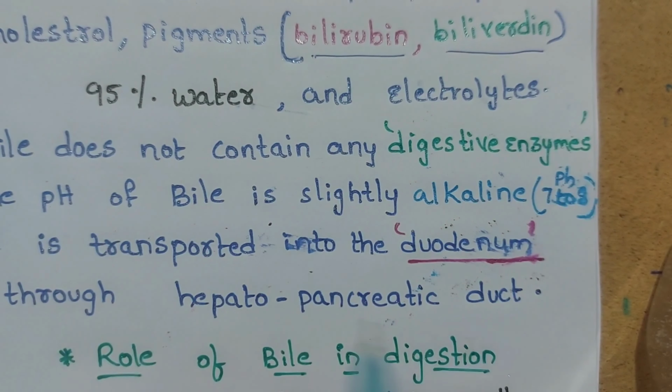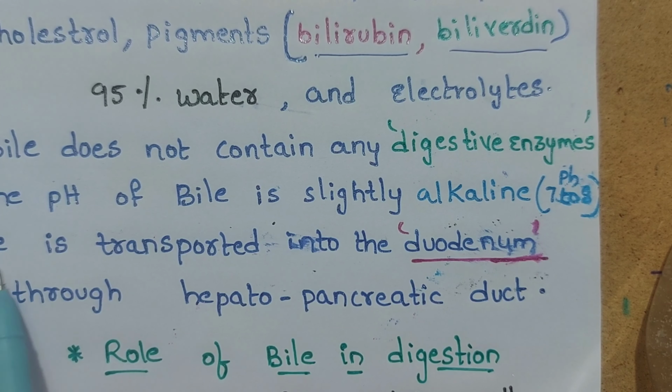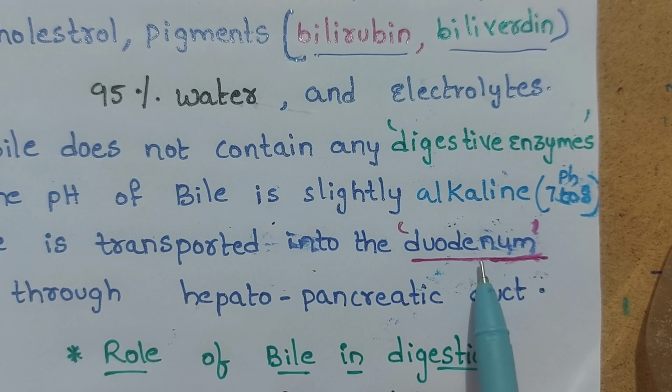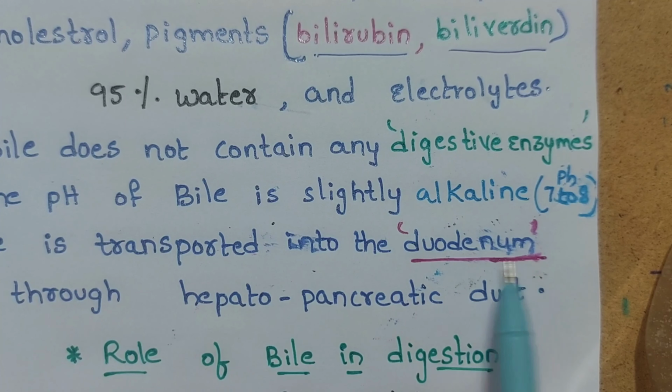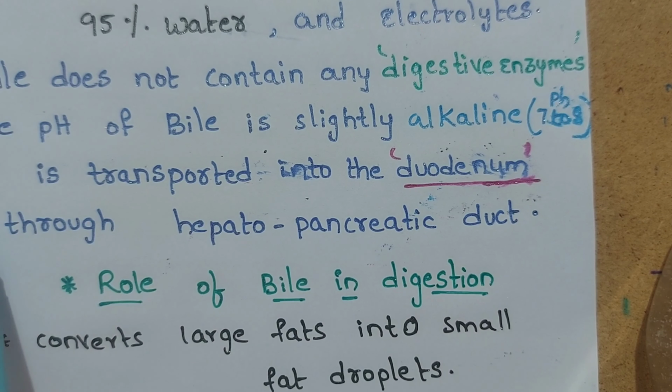So bile juice is mainly concerned with the emulsification of the fats. When food enters the stomach, and from there it enters the duodenum, and from there the small intestine. When food is about to enter the small intestine, bile is transported into the duodenum through the hepatopancreatic duct.